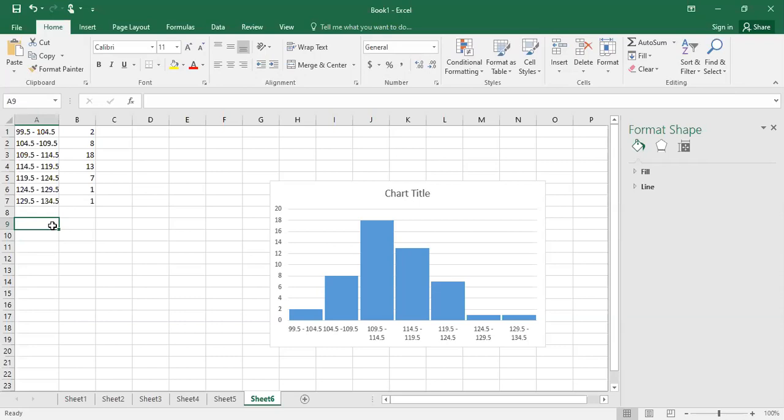The first class is 99.5 plus 104.5 divided by 2. And that will give me 102. I could also do 100 plus 104 divided by 2. That will also give me 102.